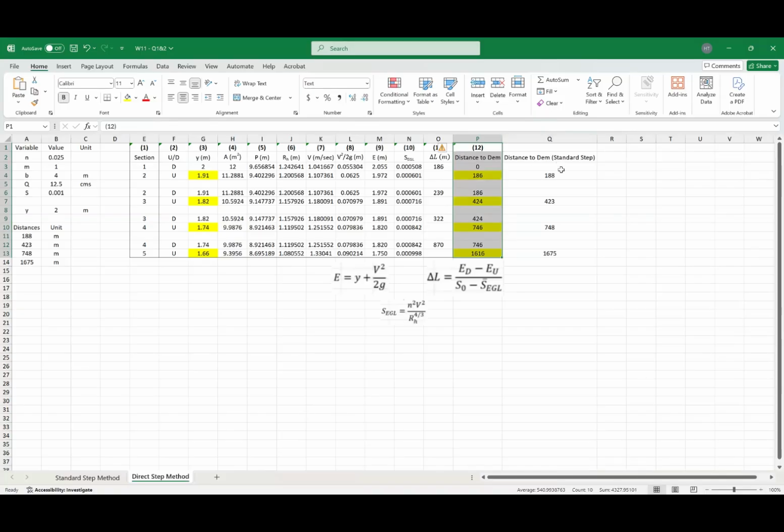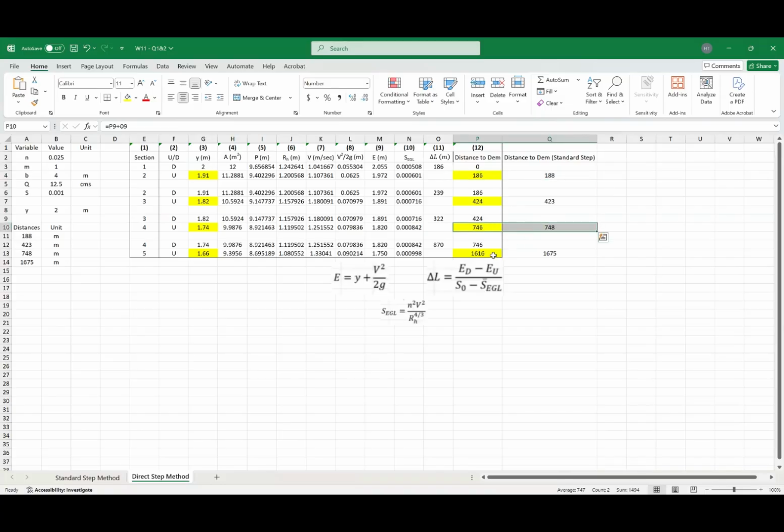But if you remember from the previous question, we used standard step method, and for this method we had these distances like 188, 423, and so on. So here we can see they are actually very close to each other, like 2 meter here, 1 meter here.